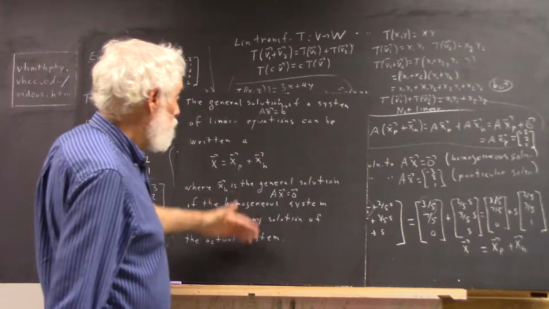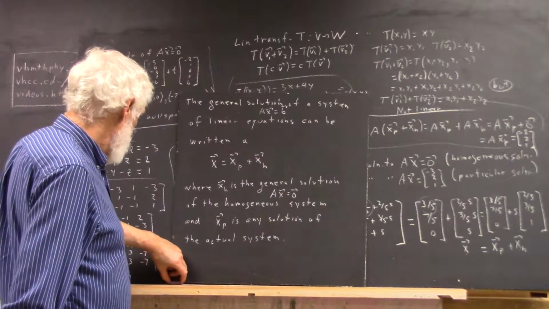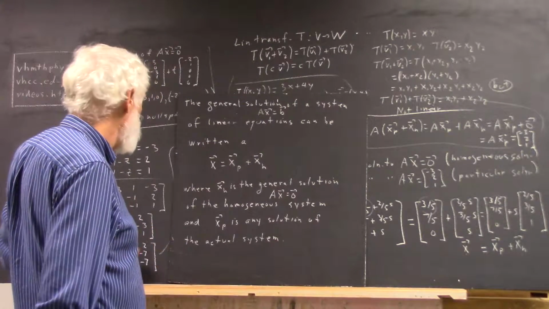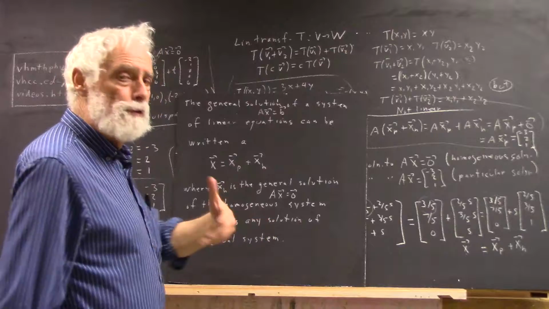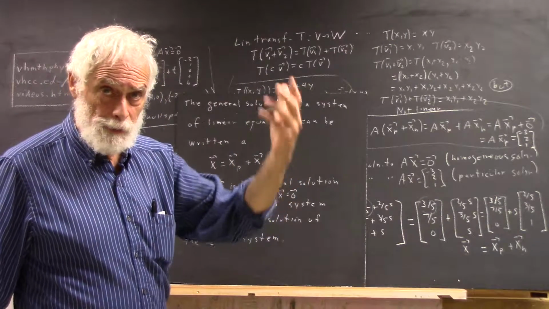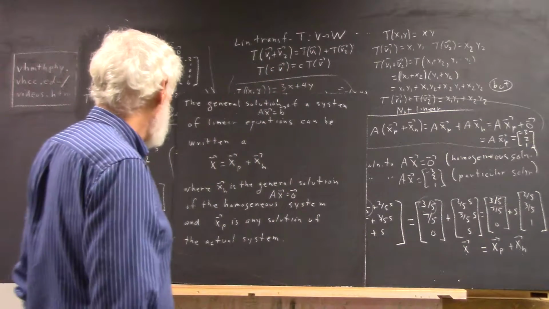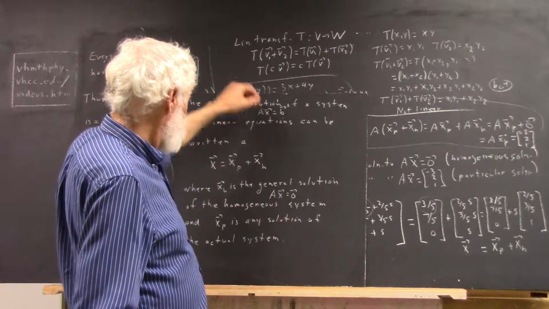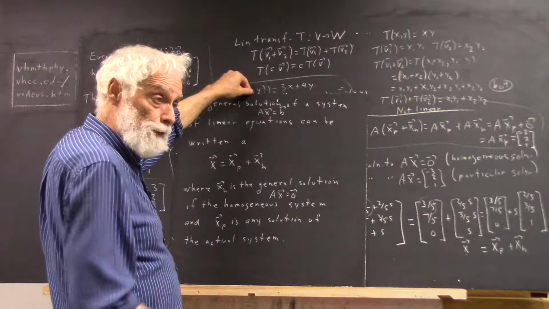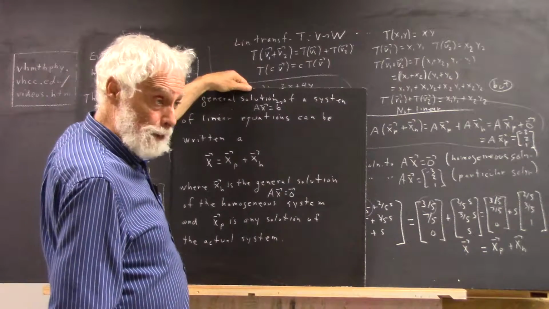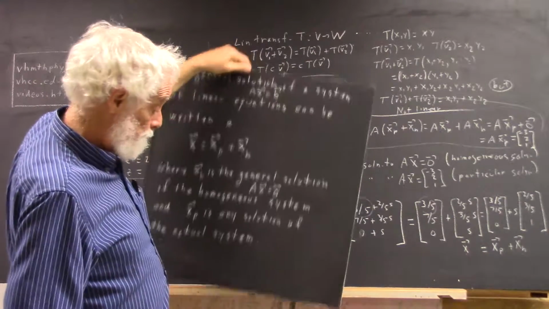And this is an extraordinarily profound idea, extremely important in solutions of, let's say, systems of differential equations. So we want to get this general idea in our head. It's also very important for solutions of just plain old systems of linear algebraic equations.